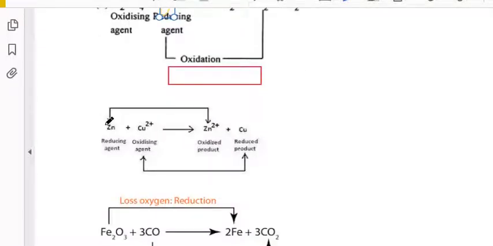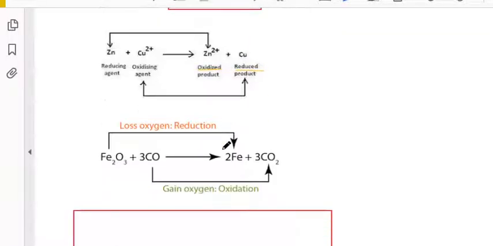See another example, zinc. Zinc is losing electrons and it gets oxidized. Here copper is accepting electrons, and by gaining electrons it gets reduced. Here it is written reduced, here it is written oxidized. Another one, see, iron.